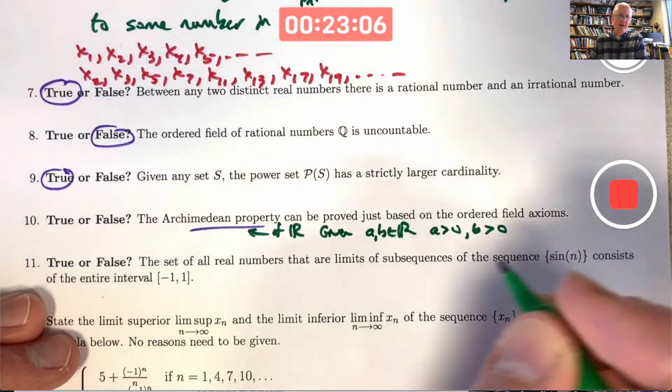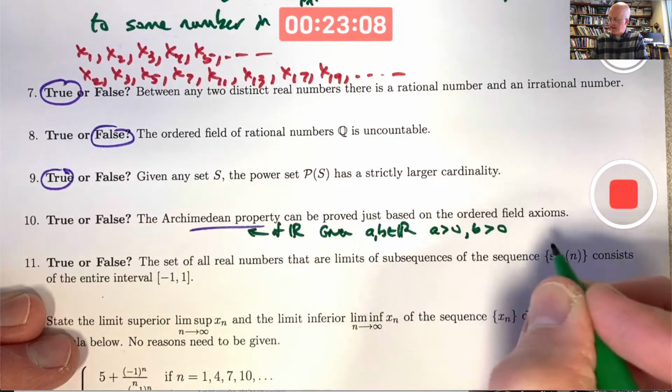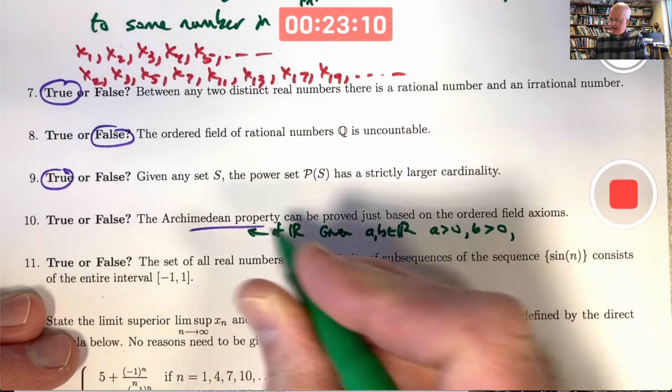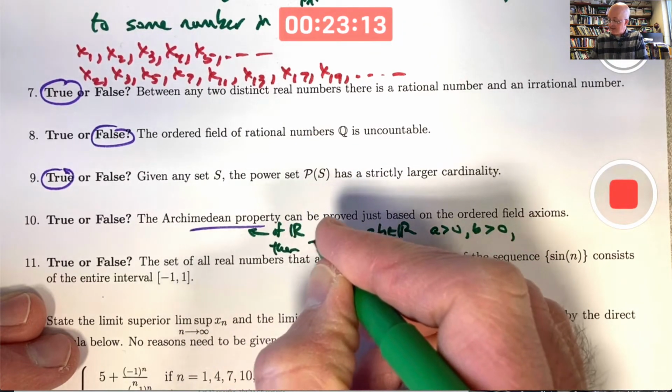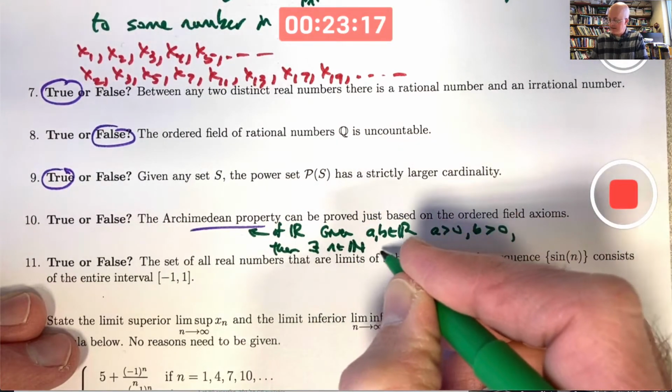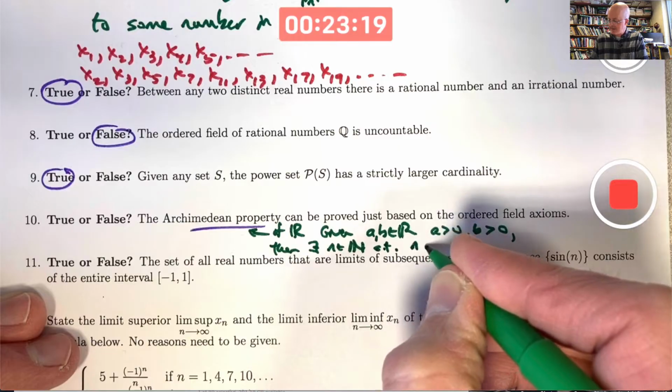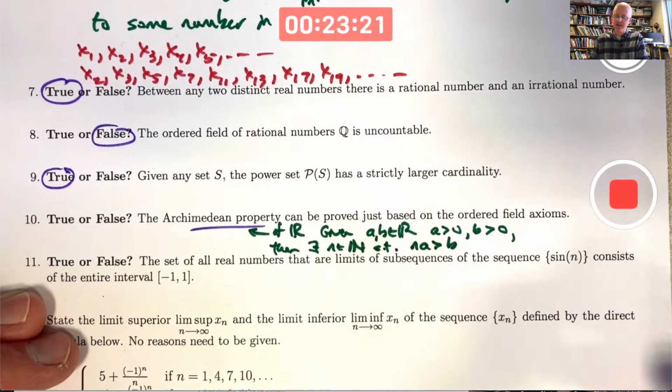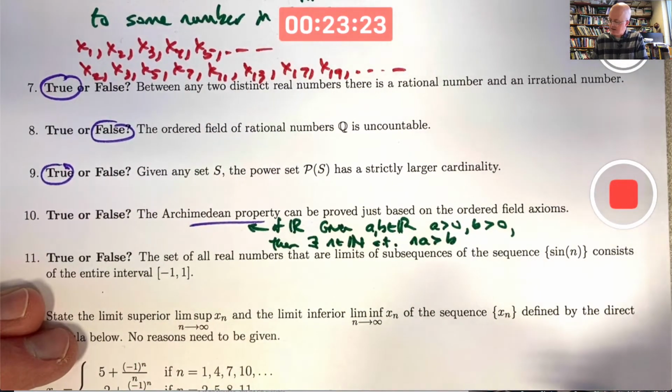You can get away with one of these being negative, but I'm just going to emphasize the simpler case. Then there exists a natural number, n, such that n times a is greater than b, and this would be trivial if b were negative.